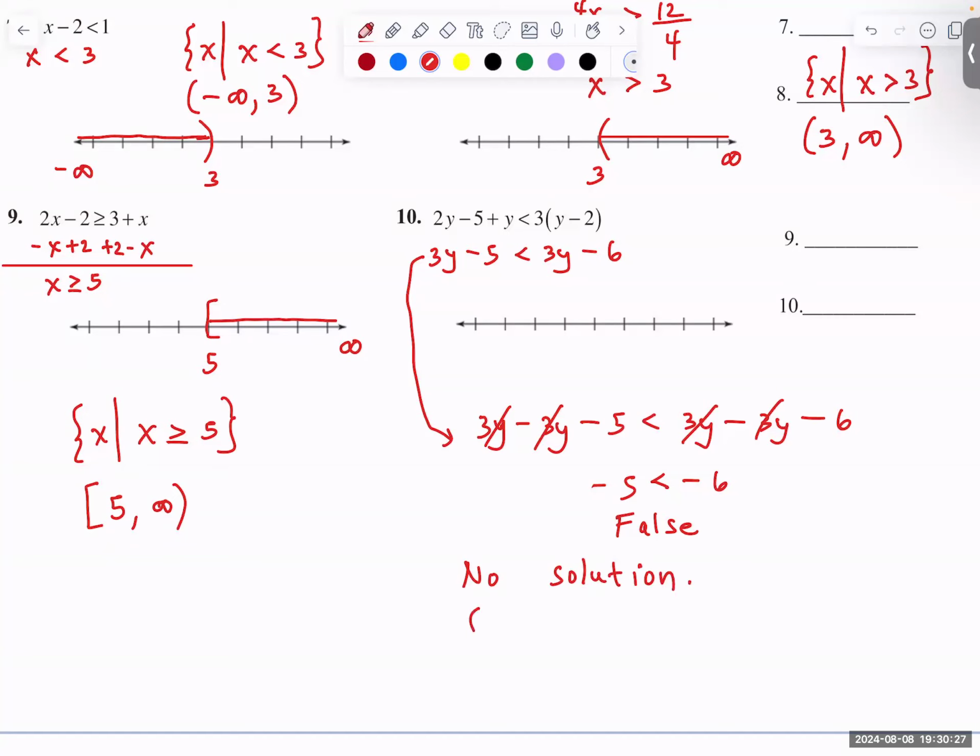The solution set is the empty set, or you can use the null set symbol, or in interval notation, just a pair of parentheses containing nothing inside. Means no solution.